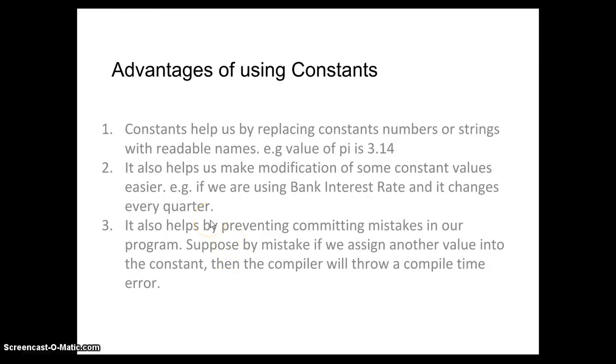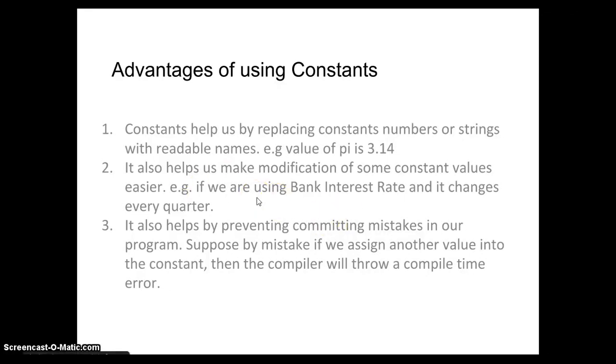So what are the advantages of using constants? For a bank interest rate we can use it. Constants also help us by replacing magic numbers, like the value of pi is 3.14. Every time we would have to use 3.14, so instead we can declare a constant named pi, assign the value 3.14, and use it anywhere in our program.